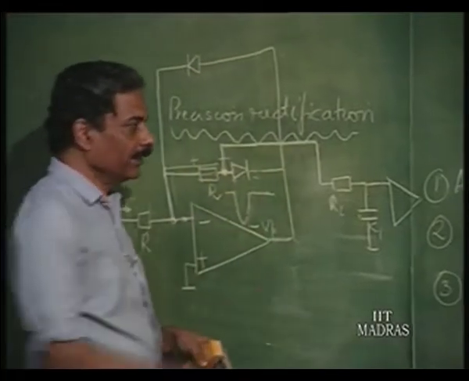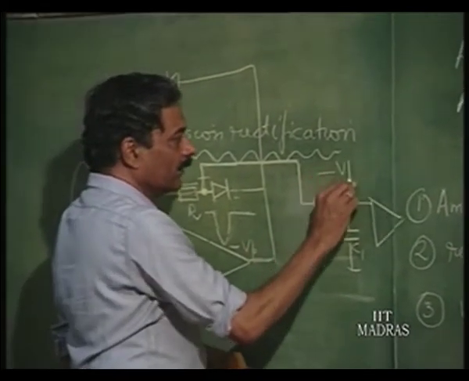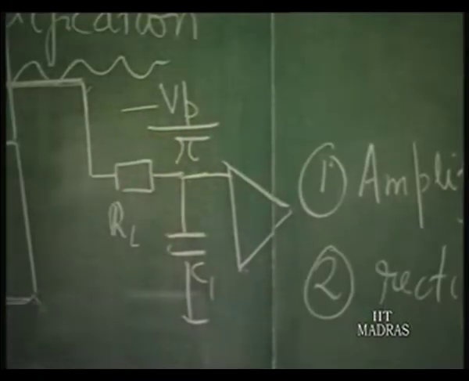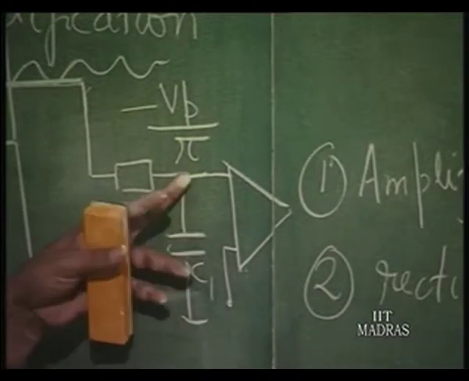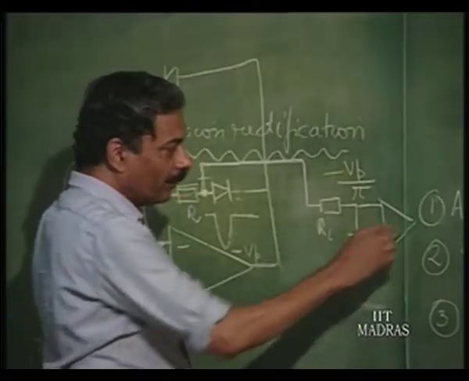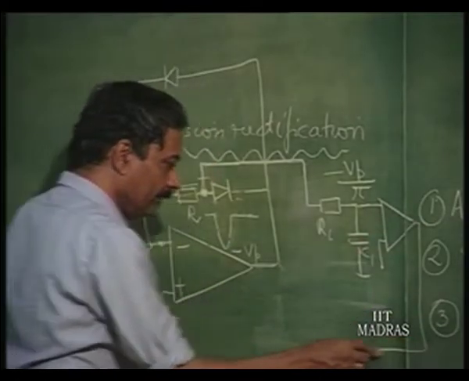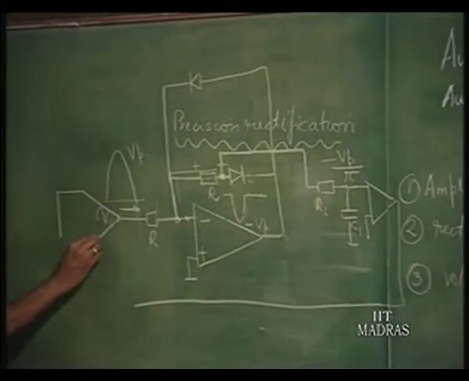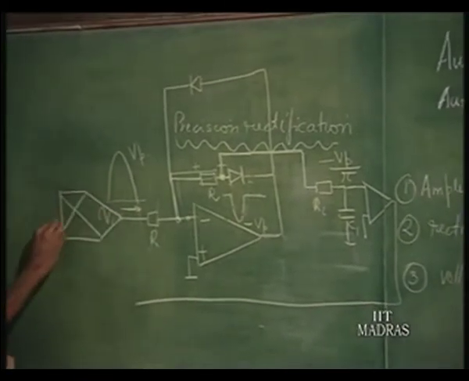So, this voltage will be minus V p divided by pi. So, I can compare it with the V reference, which is again negative, because this voltage will always be negative. So, I have to have a V reference which is negative and appropriately apply the feedback here, so that this system now functions satisfactorily.